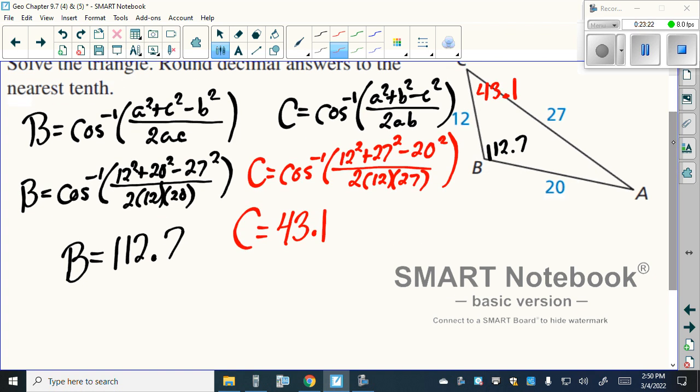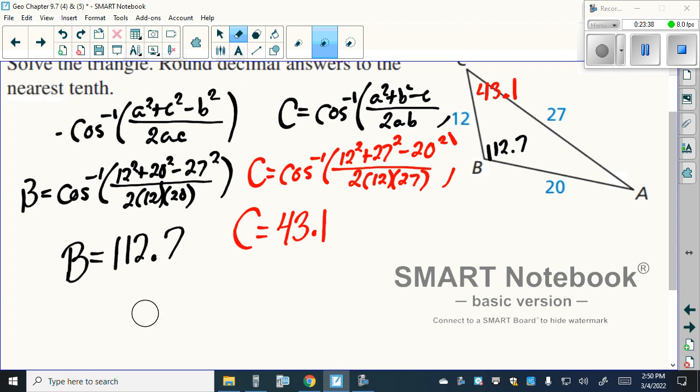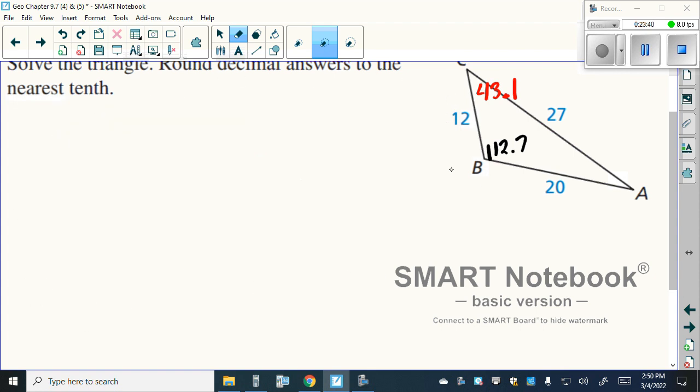So now we're just missing angle A. Any questions on how we found the measure of angle B or C? Well, to find the measure of angle A, we just need to add them together.